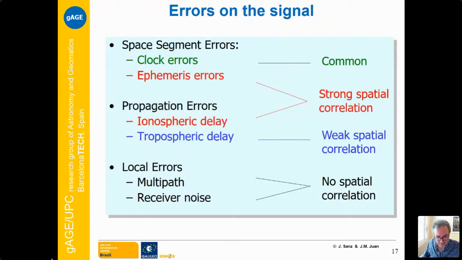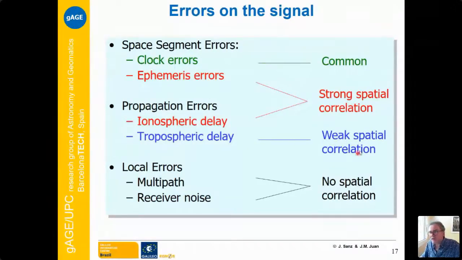This is the same with the ionospheric delay. If the reference station and receiver are close, they see the same ionosphere, but as the baseline becomes large, they see different portions of the ionosphere, and then the errors can start to be different.